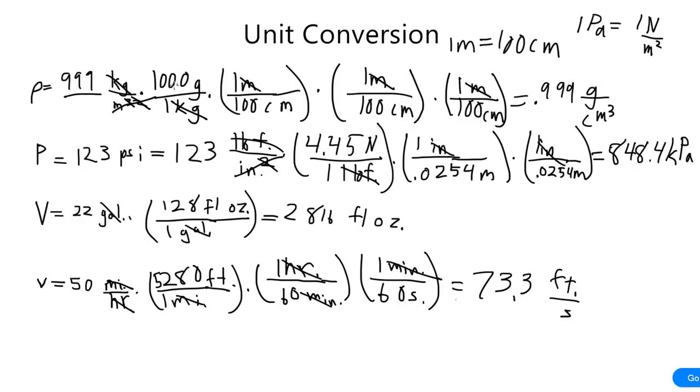So we converted kilograms per meter cubed into grams per centimeter cubed, psi into pascals or kilopascals, gallons to fluid ounces, and miles per hour to feet per second. So if it takes you a little bit longer to do it this way, but you feel a bit more comfortable, I would say do it this way.